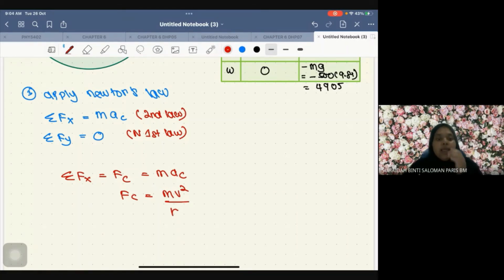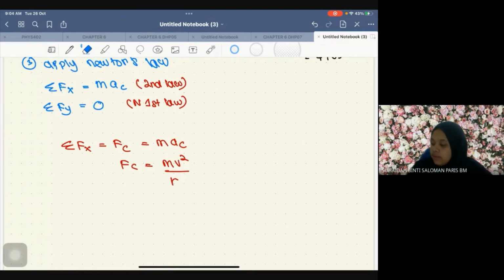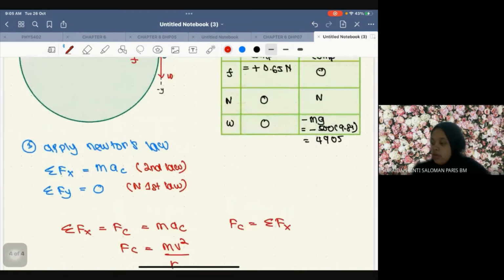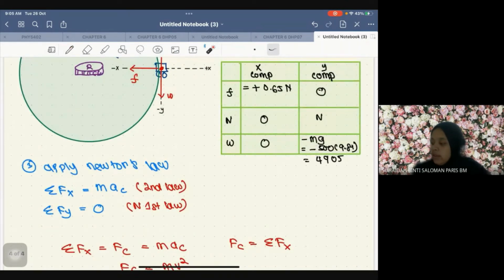Okay. Dan nilai FC kita boleh tahu nilai dia sebab nilai FC sama dengan summation Fx, total force pada component X is net force. So you tengok dekat sini, this is summation Fx. So summation Fx awak, equation dia adalah tambah semua.